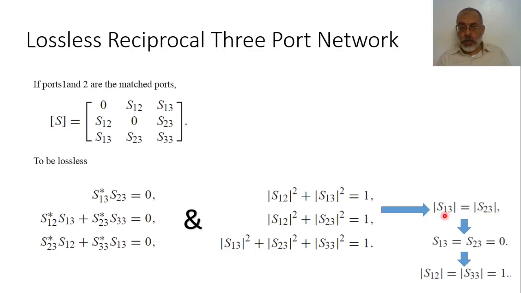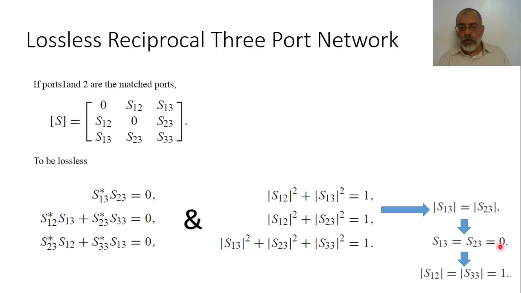Now, if we have this equality, and S13 conjugate multiplied by S23 equals 0, and they are already equal in magnitude, this means that S13 equals 0 and S23 equals 0. So, from these two equations, we proved that S13 equals S23. And from this equation, we proved that if they are equal and their multiplication is 0, then both of them are 0. S13 equals S23 equals 0.